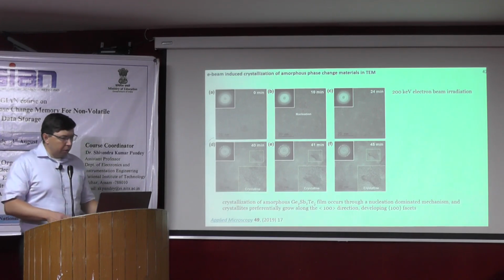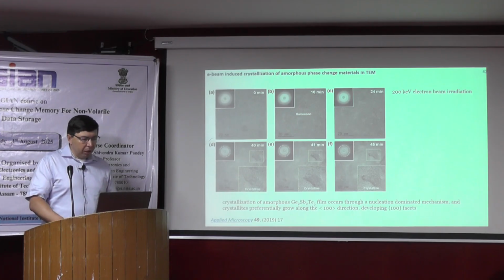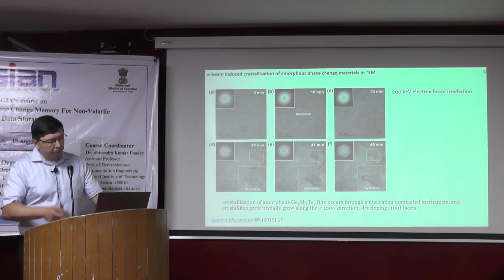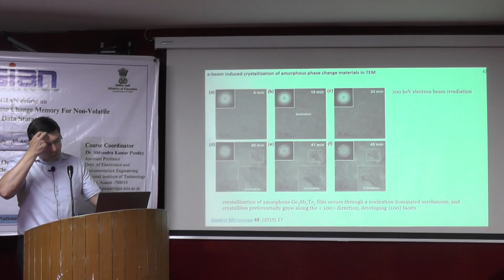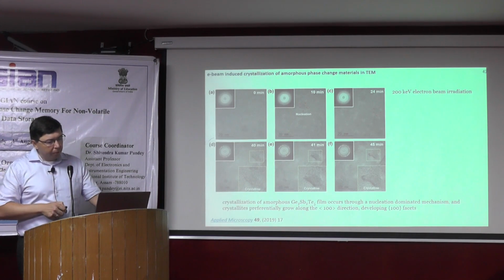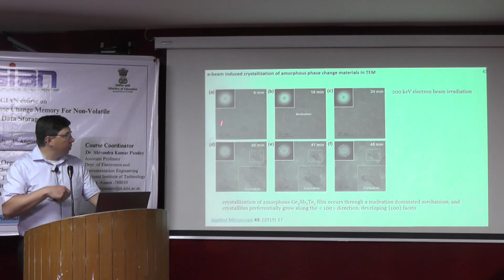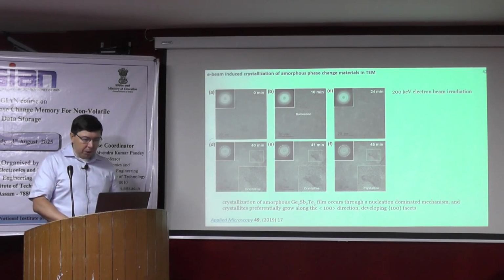So the electron beam can induce crystallization of your material. If you do TEM work, you have to be aware of this, and you have to adjust the settings to not induce unwanted crystallization of your material.